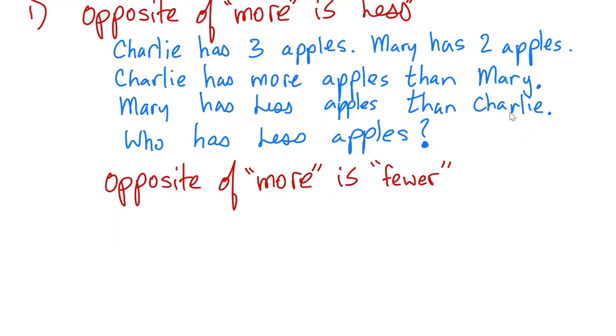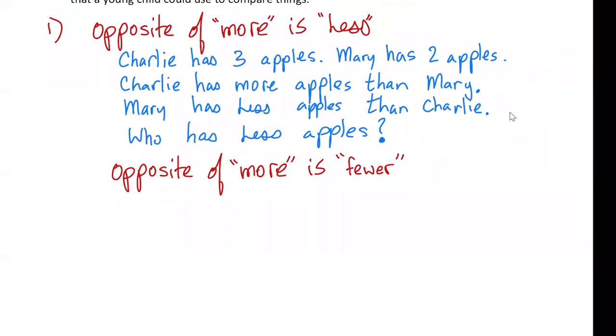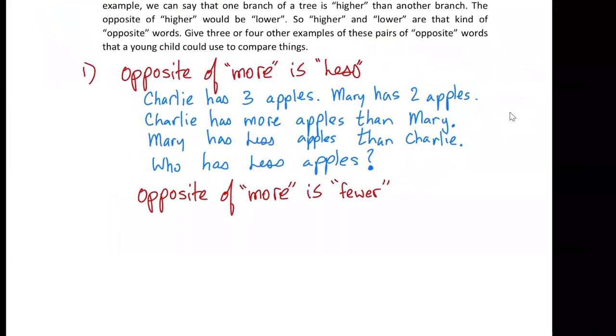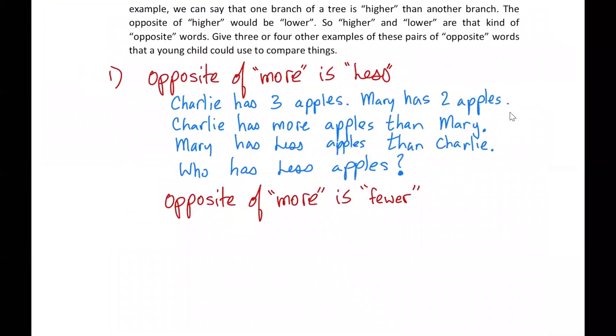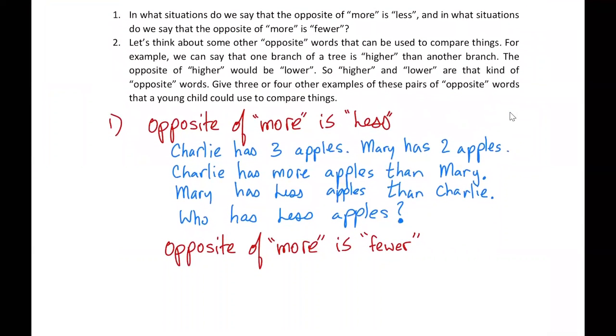It was very strange. So opposite of more is fewer, right? So when we're talking the idea of fewer, it's really getting at the same idea, generally speaking, right? So we're talking about less than, or can you say fewer than?